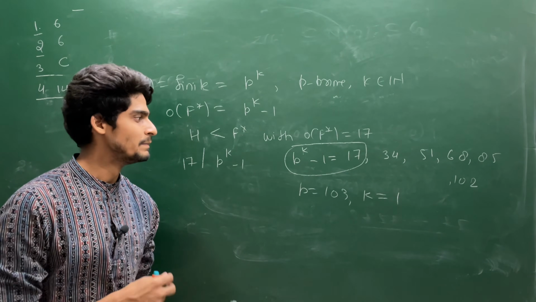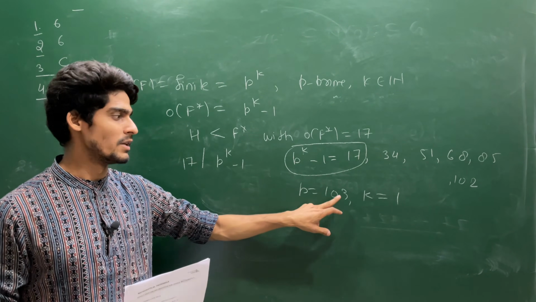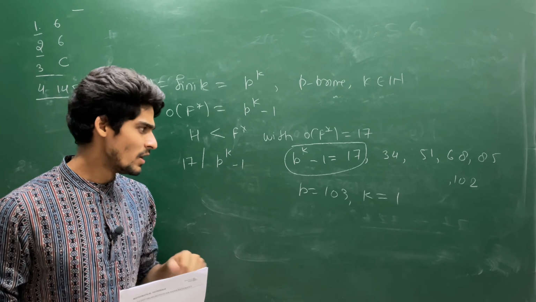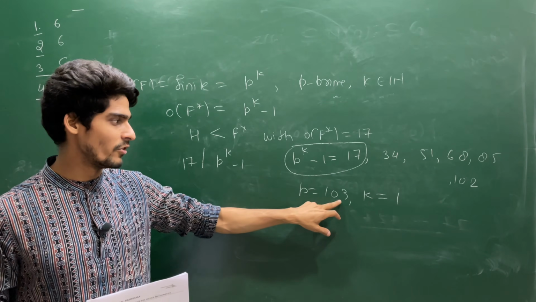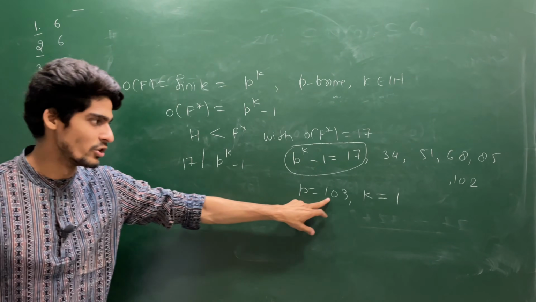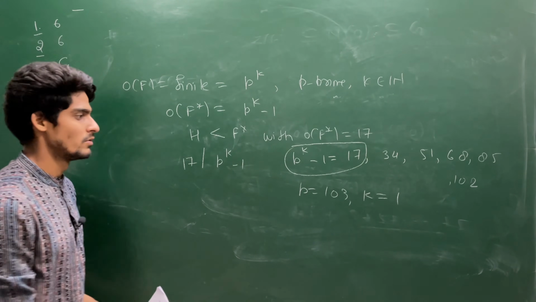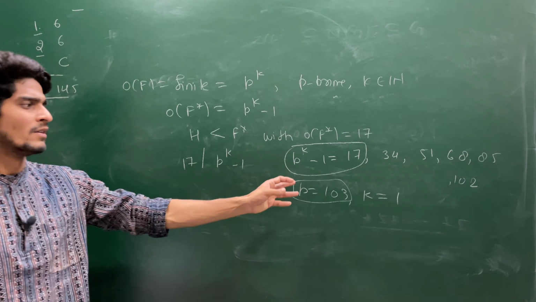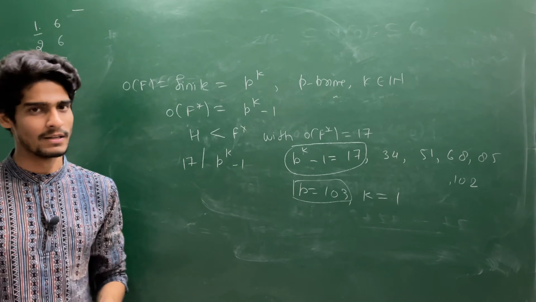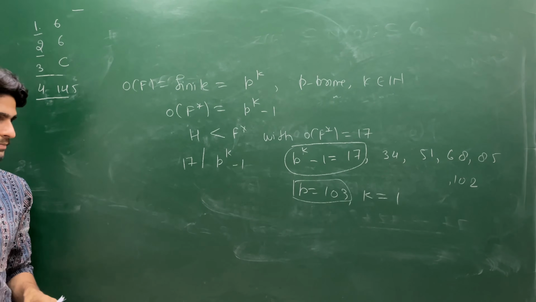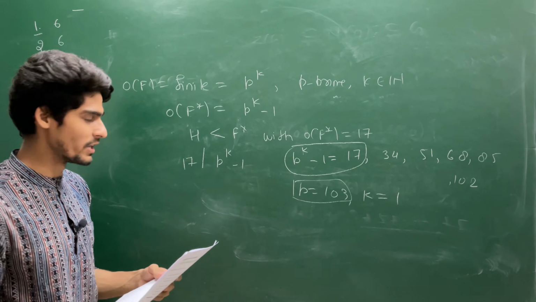You look for the factors which are less than or equal to the square root of 103. Then you will see why 103 is a prime number. So this is a nice homework. If you know how to work with 103, you can also work with larger three-digit numbers. So the answer will be 103 here.